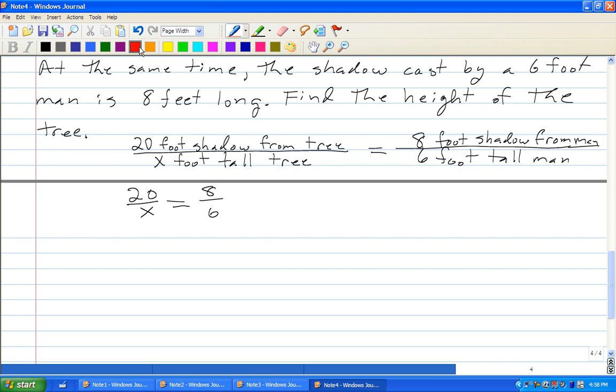So let me cross multiply. And so I have 8x is equal to 120. Let me divide both sides of my equation by 8. So x is equal to 15.